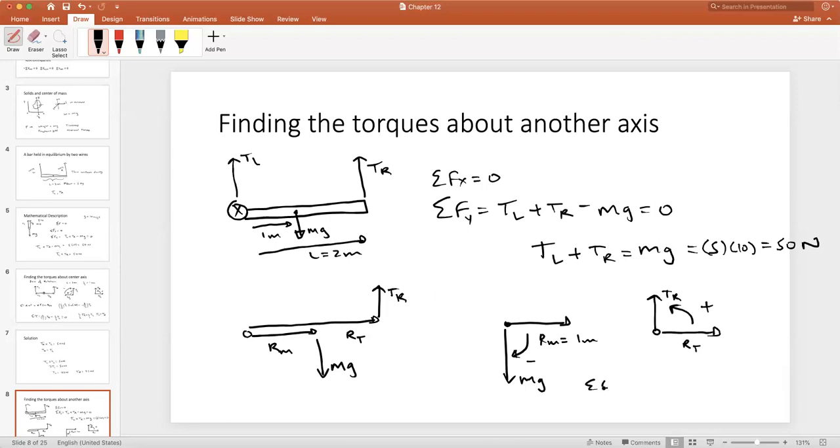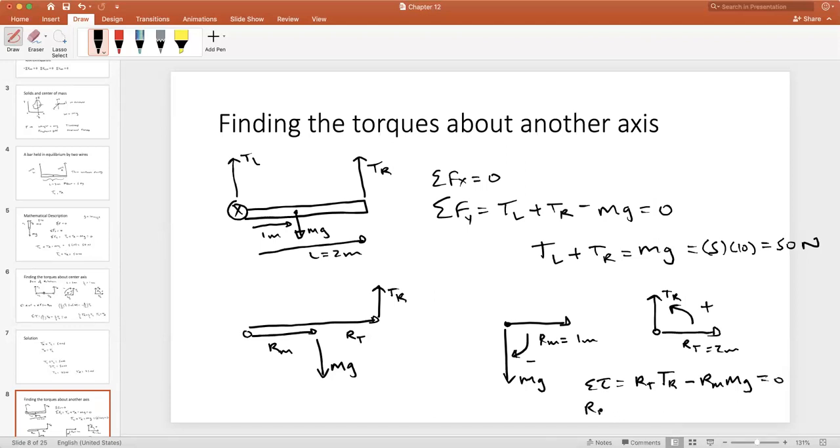So the sum of our torques is r, this is 2 meters, by the way, r to the tension times tension on the right, minus r to the mass, mg, and that's equal to 0.